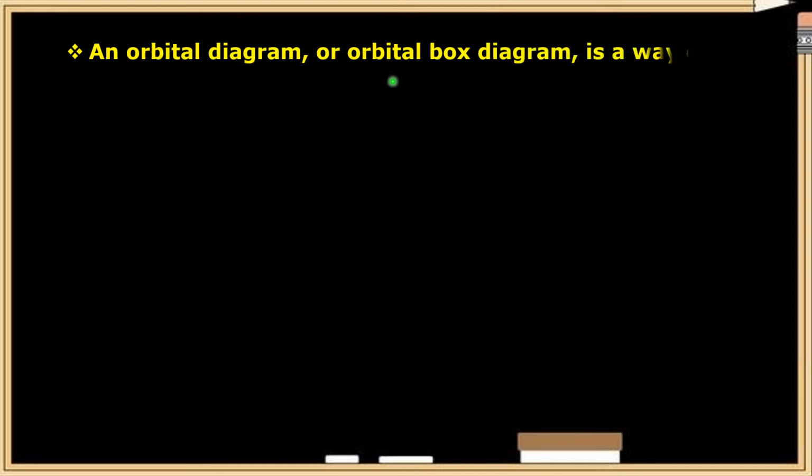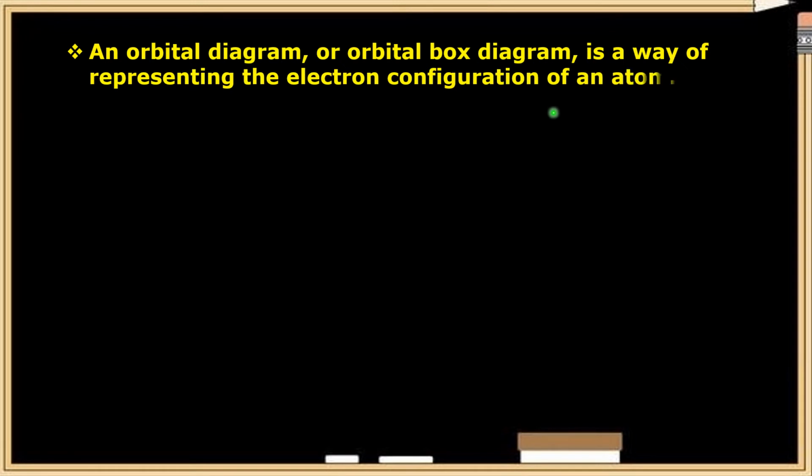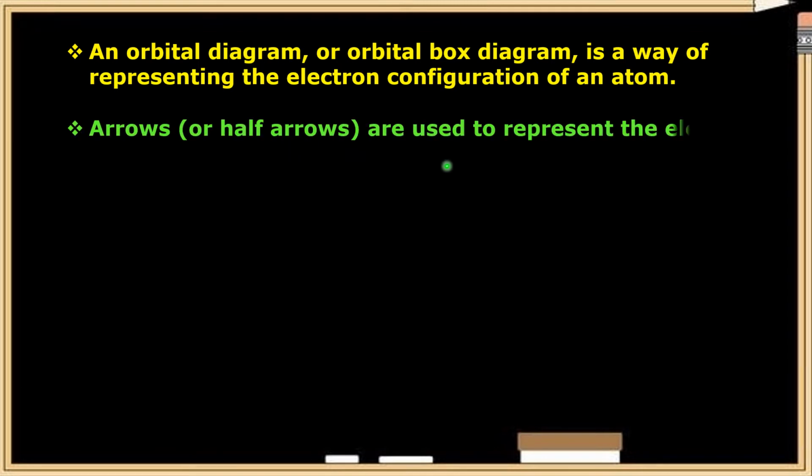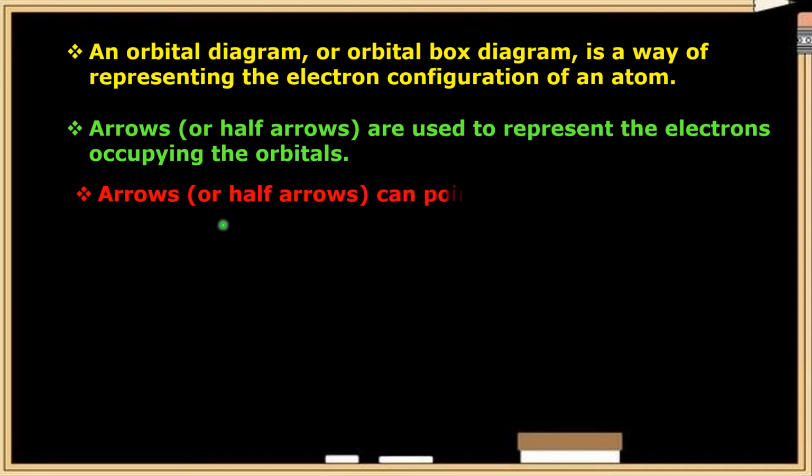An orbital diagram or orbital box diagram is a way of representing the electronic configuration of an atom, isn't it? Here arrows or half arrows are used to represent the electrons occupying the orbitals. Arrows or half arrows can point up or down, isn't it?